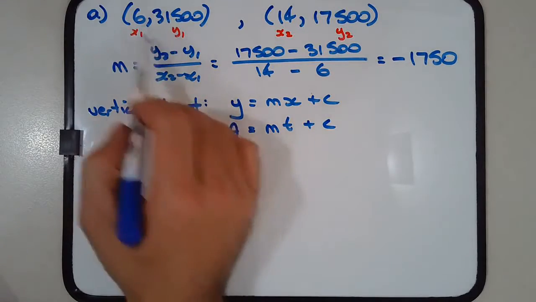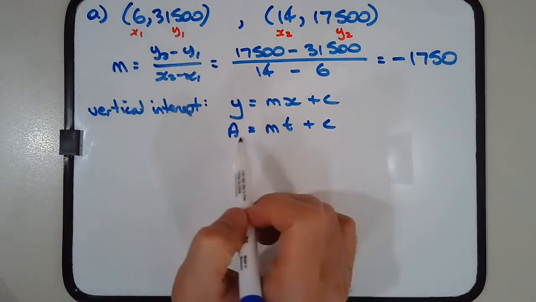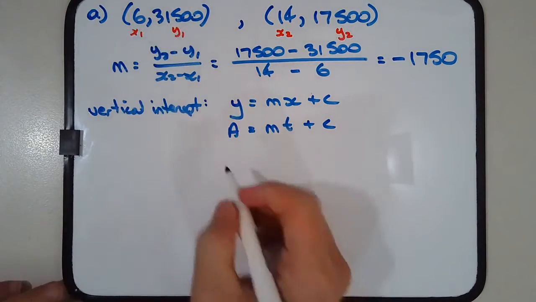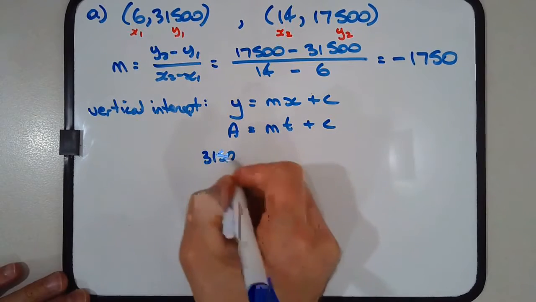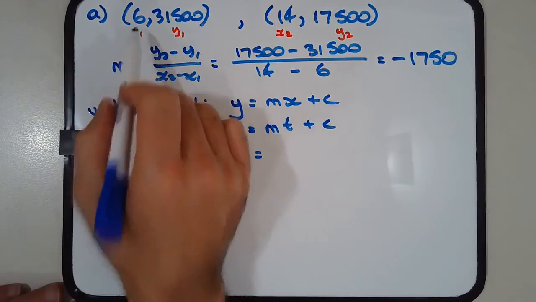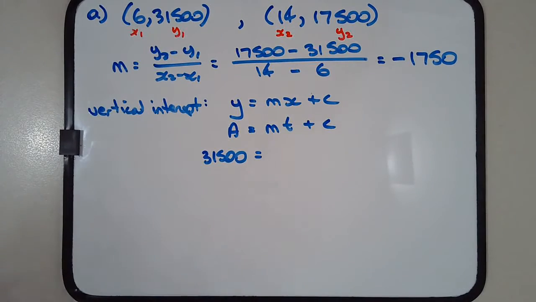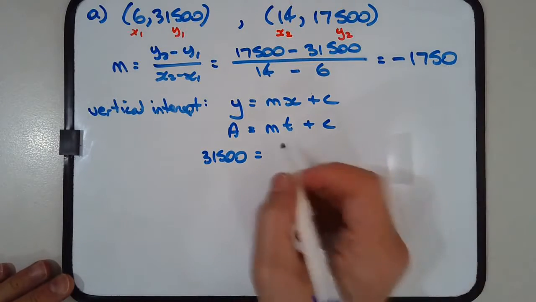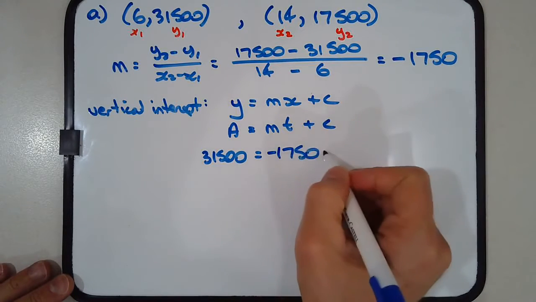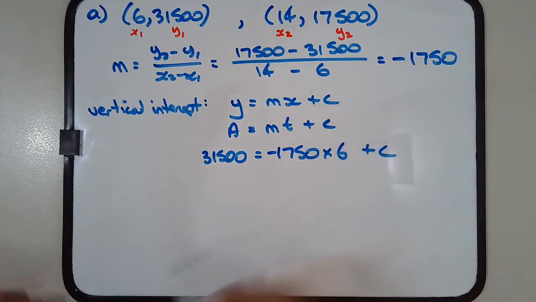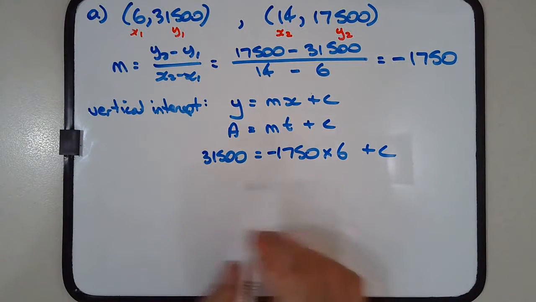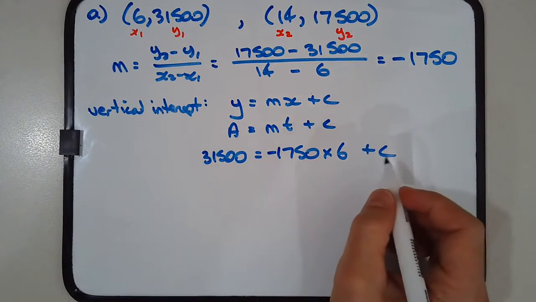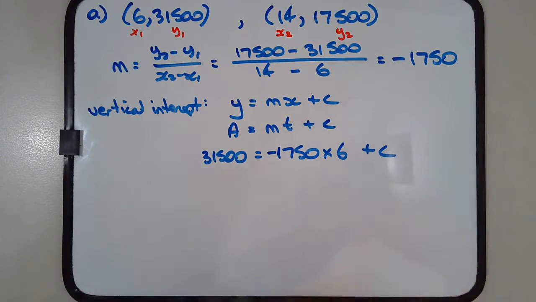So we can pick point number 1. So when A is equal to 31,500, t is at the 6 month mark, and we have a value for m, which is negative 1,750, times 6 plus c. Now we need to solve this equation for this c, which is the vertical intercept.